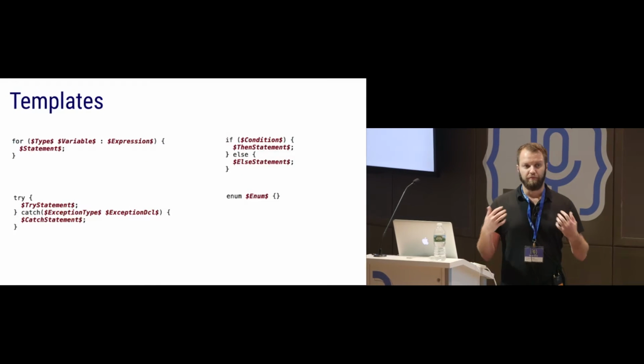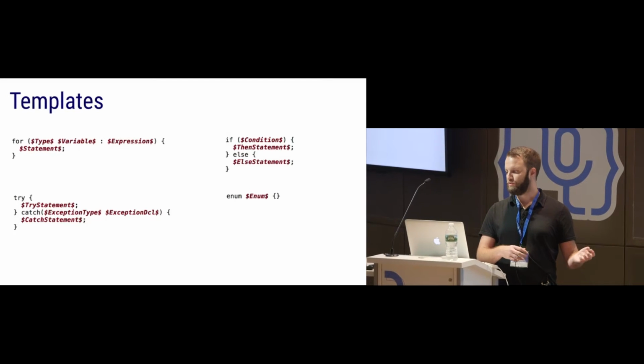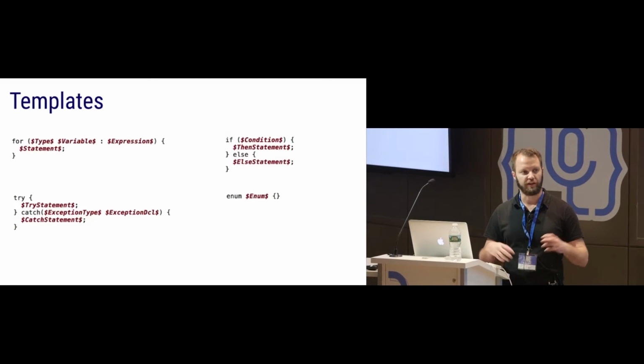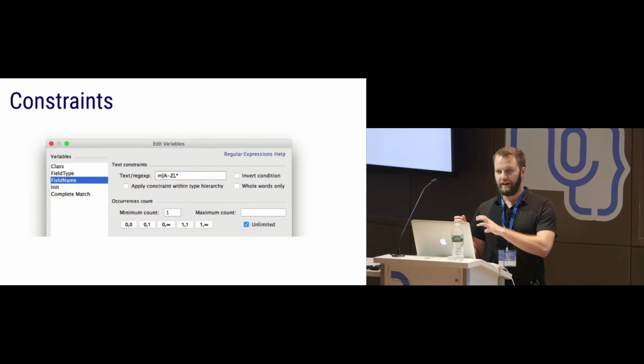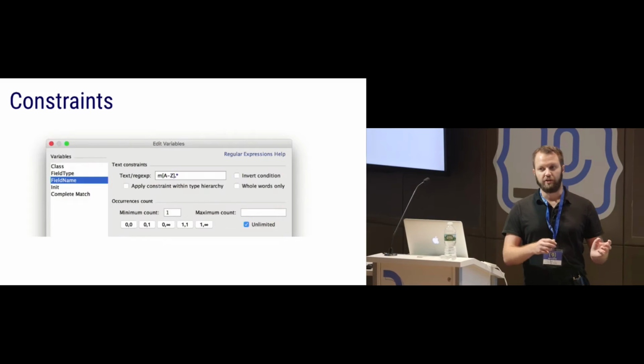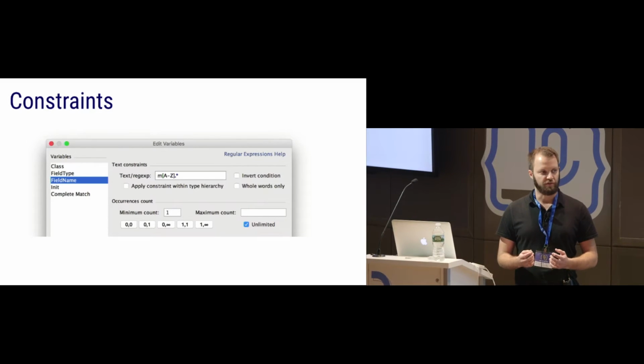You can have many different things in your Java syntax. You could be searching for loops, ifs, enums, try-catch, classes, interfaces, pretty much anything. And once you have this syntax done and you are using your variables, you can add constraints to these variables to have a more precise search.